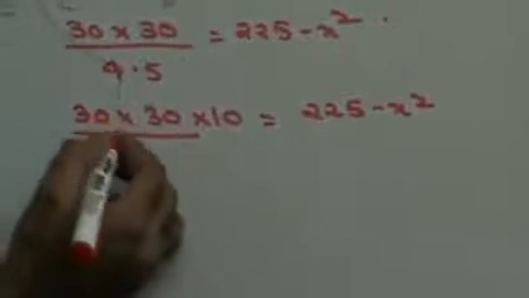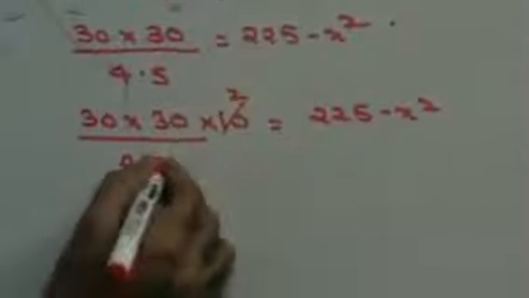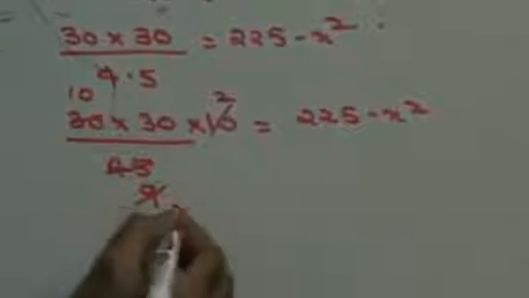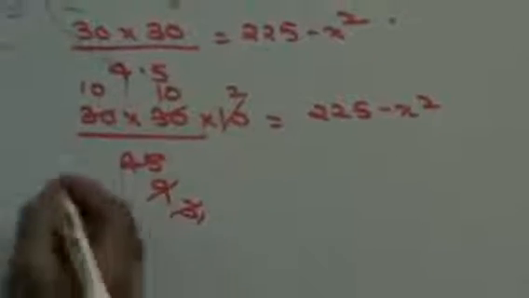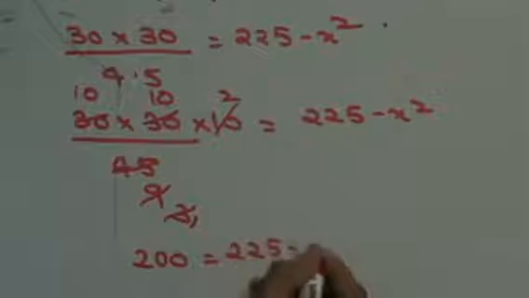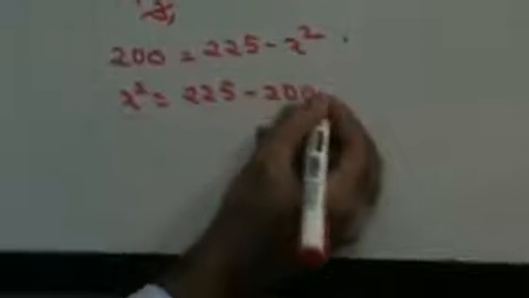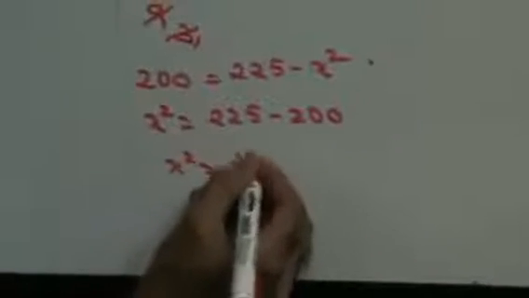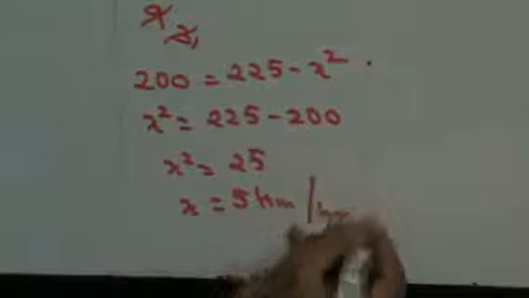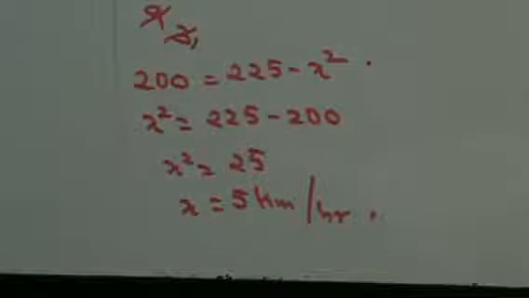That gives 200 is equal to 225 minus x square. Take x square on this side, so 225 minus 200, x square is 25, x is 5 kilometers per hour. Speed of the stream is 5 kilometers per hour.